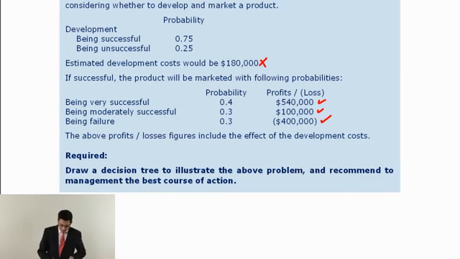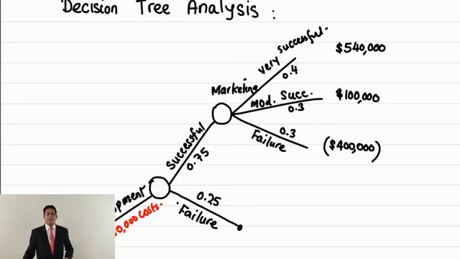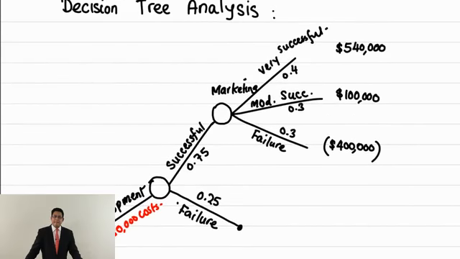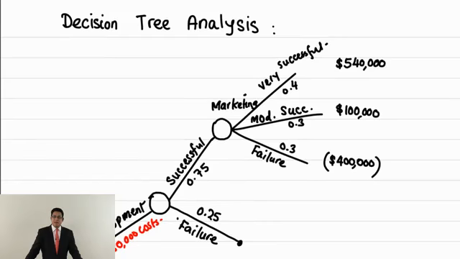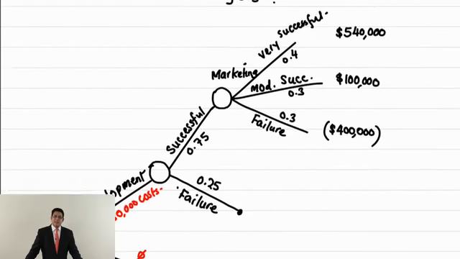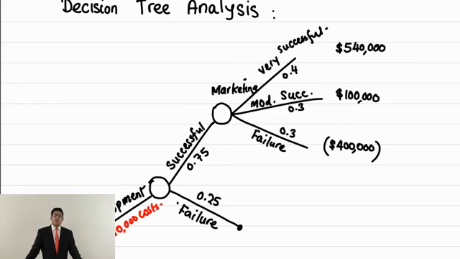Okay. Right, this is a complete decision tree you can see here on the screen. Okay, this is a complete decision tree. Now the next phase is evaluation or analysis of this decision tree.